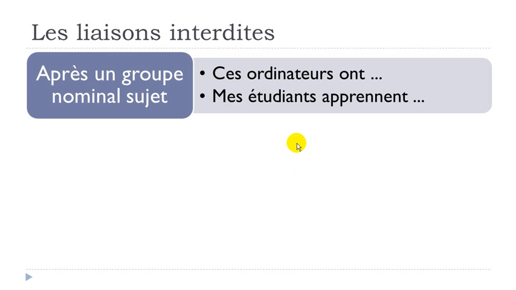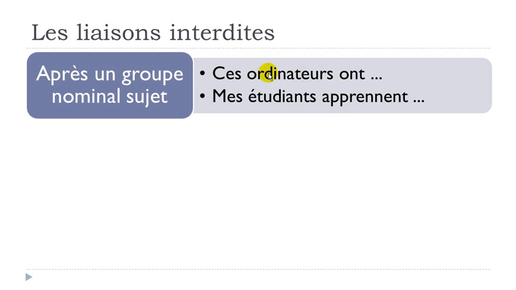And another rule is if you've got, like here, ces ordinateurs, or like here, mes étudiants. In these two sentences, ces ordinateurs is the subject, mes étudiants is the subject, and then you've got the verb coming after. The idea is that if you've got a subject like that, it's what we call un groupe nominal.